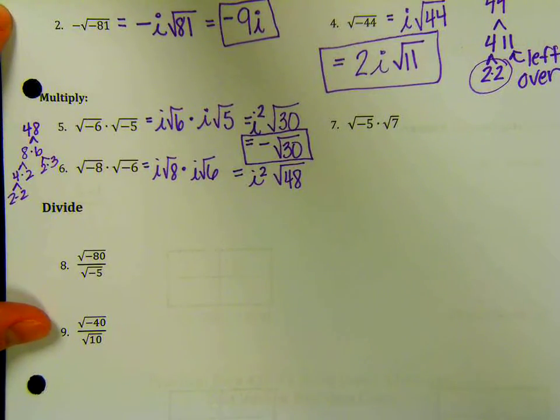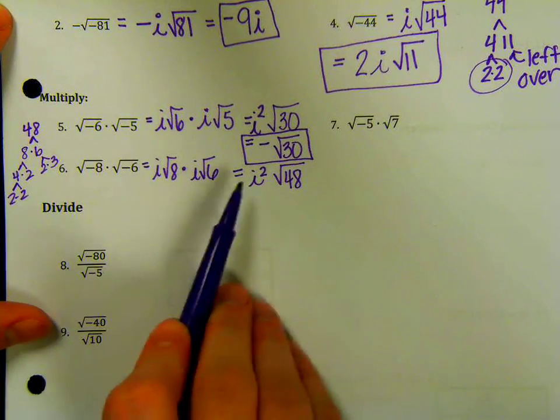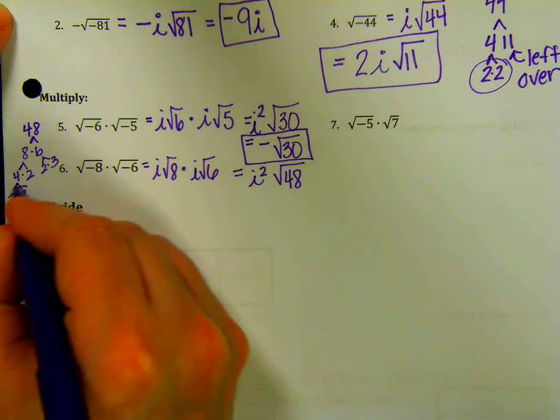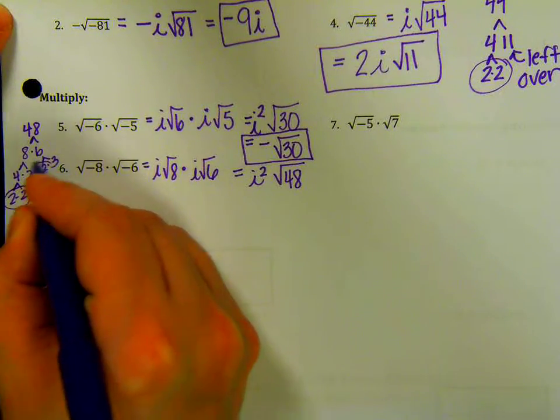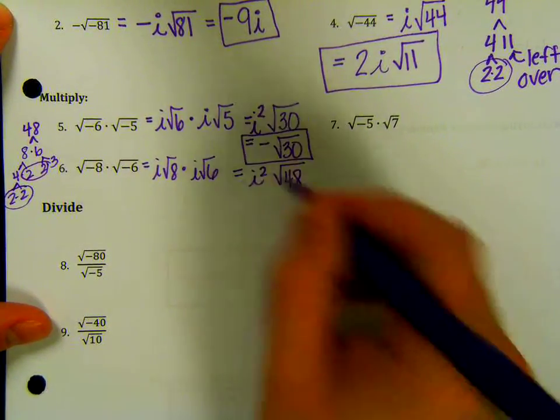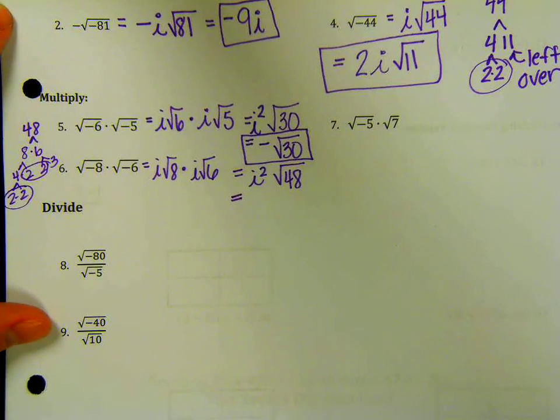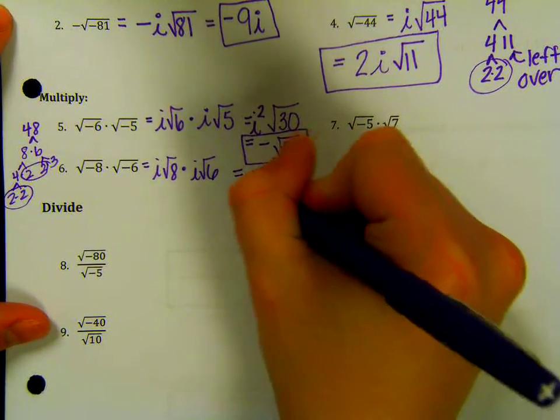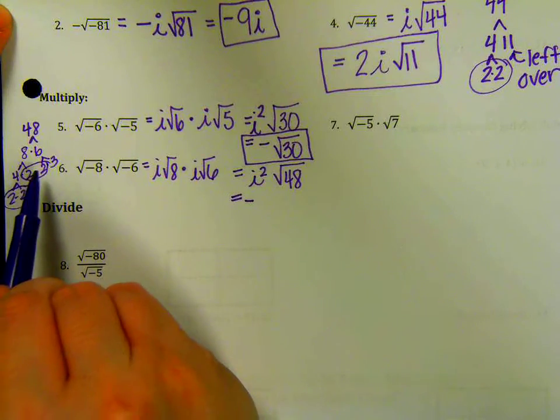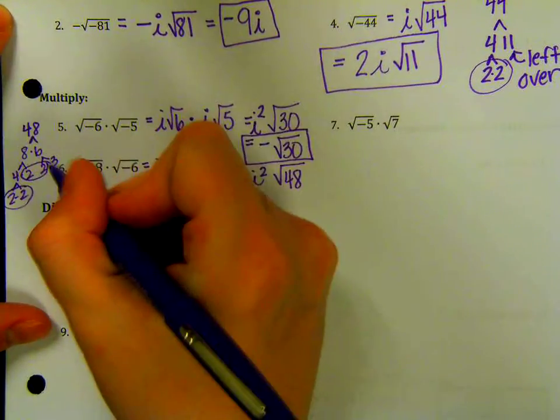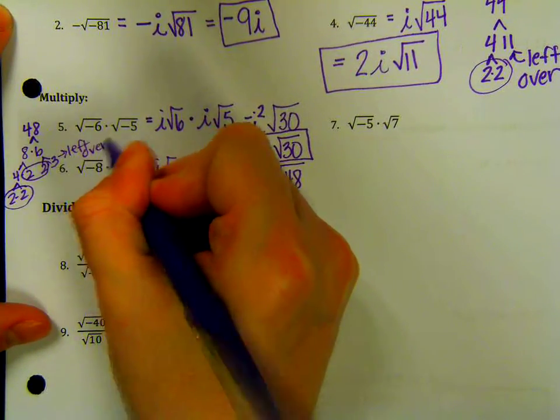My index is 2, so I'm looking for groups. So I have a group of 2 here, group of 2 here. Yep, negative 4, so the i squared is negative. Then we have 2 times 2 is 4, and then the 3. So that gets left underneath the radical. And that would be the final simplified version.